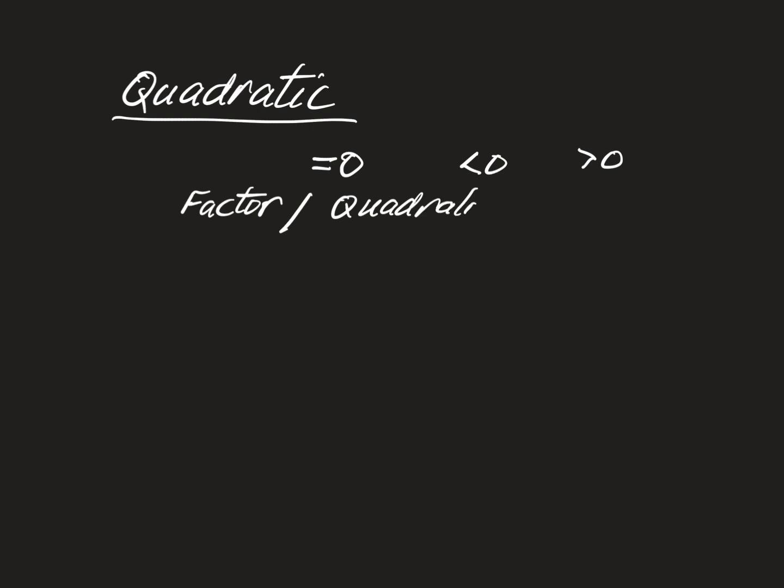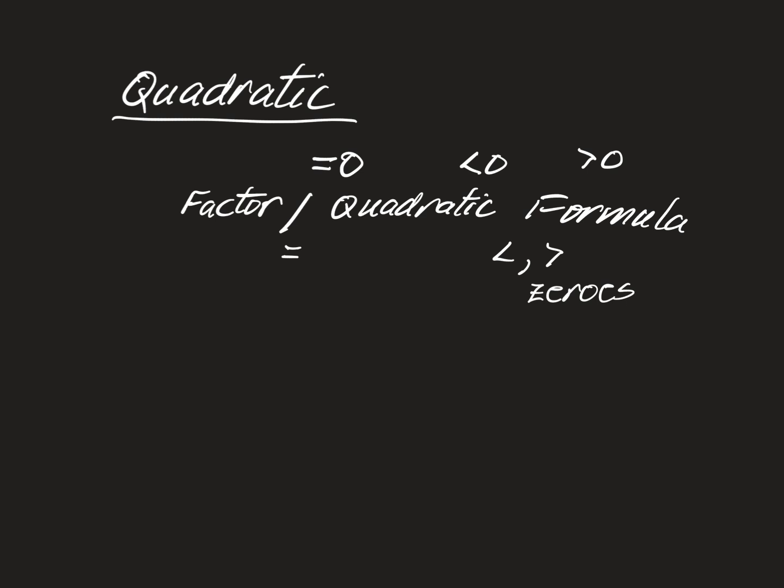And when you do that, you are essentially solving the equation. For an equality, you will be just solving it. But for an inequality, less than, greater than, you're going to be solving for the zeros, in other words, the border lines between the solutions.